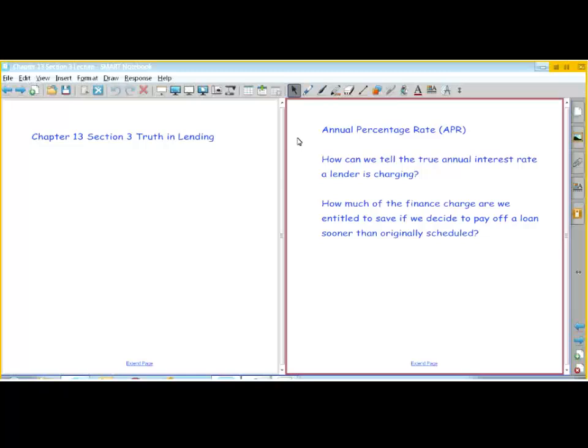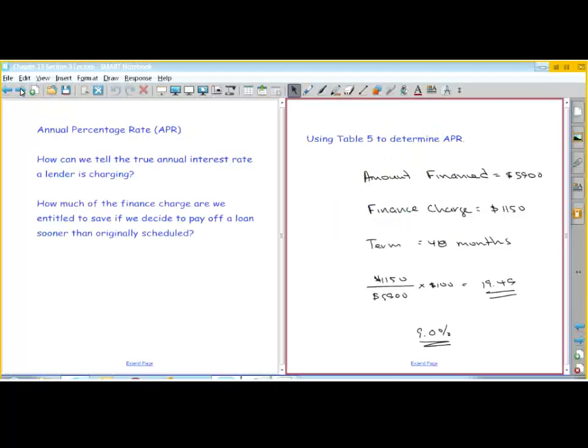They used to have those with loans, but I don't really know if they have those anymore. But if they do, they have to be very specific about that, because before you could pay off your loan early, but it would actually cost you more, because of the penalties. Okay, so they have to tell you if there's any penalties for paying off early.